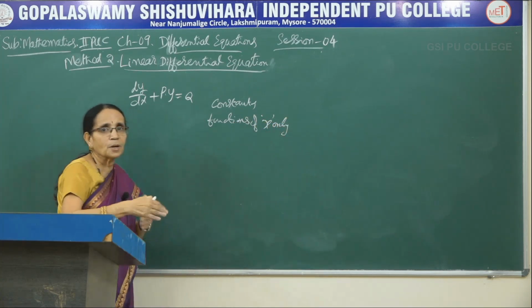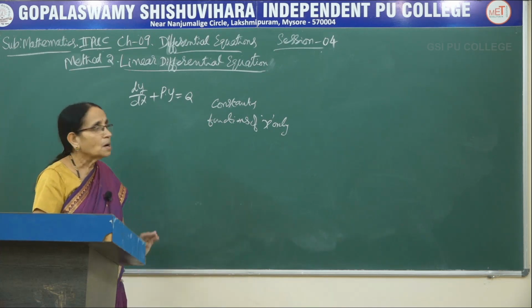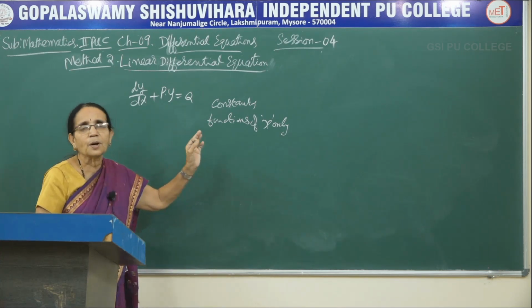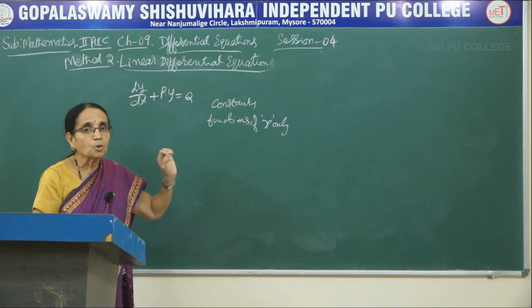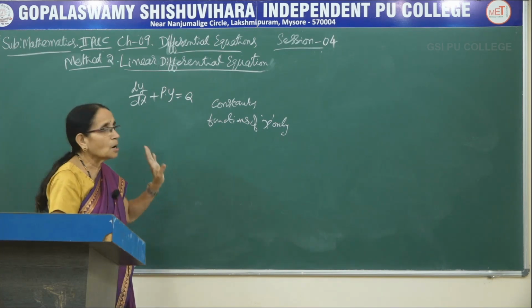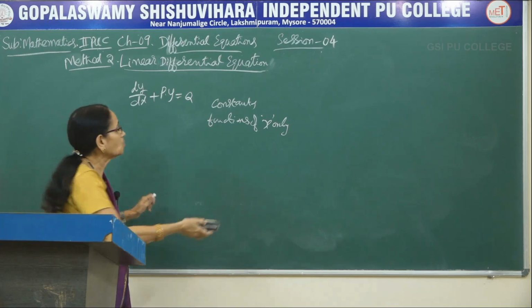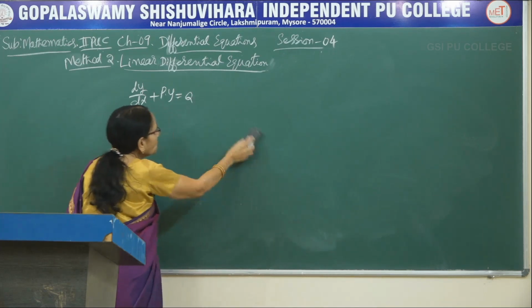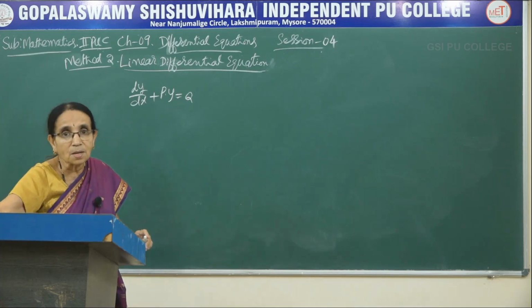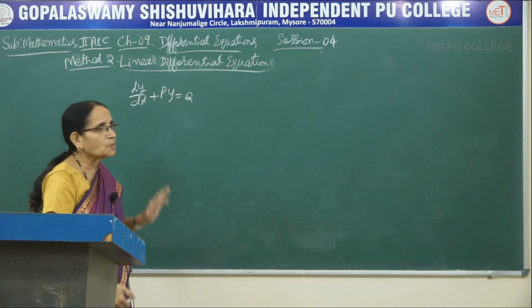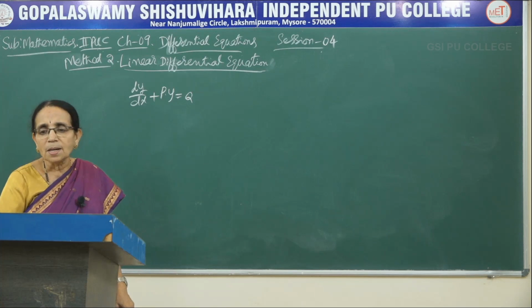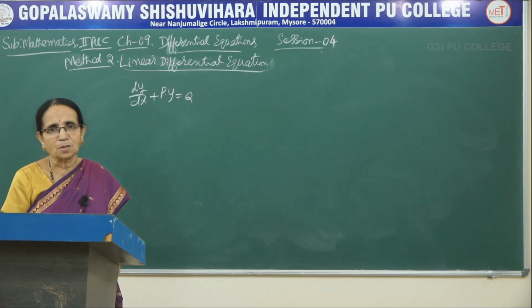It cannot be an implicit function like a combination of x and y. They have to be purely functions of x. It should contain only x, or they have to be constants. So these are the two possibilities. Either they would be constants or functions of only x. That is important here. Such an equation is called a linear differential equation.